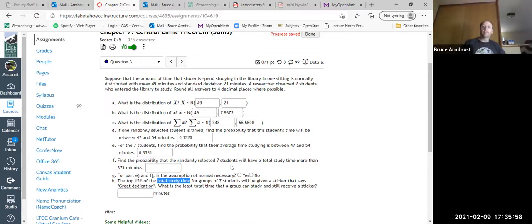Okay. So what command am I going to actually use though? PDF, CDF, or inverse?